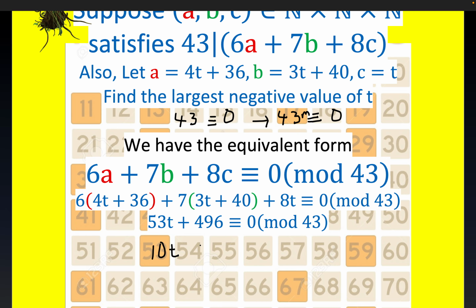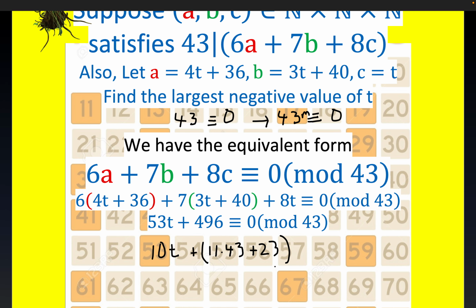Now right here, what do we need? 10 times 43 is 430. 11 times 43 is what? 473. 11 times 43 is 430 plus 43, which is 473. And so that leaves a 23 right here.